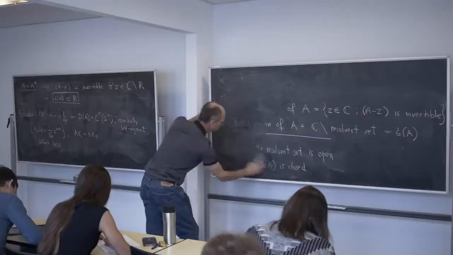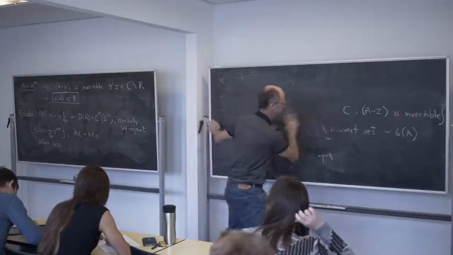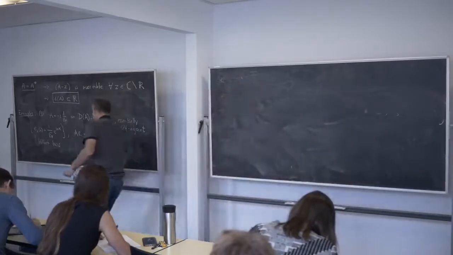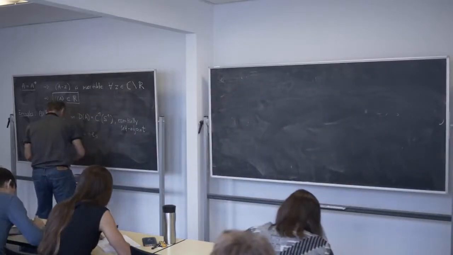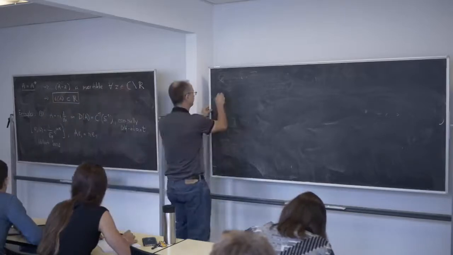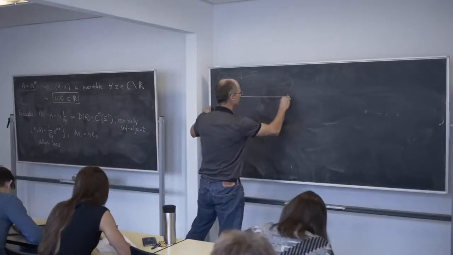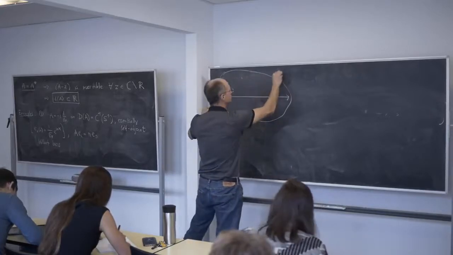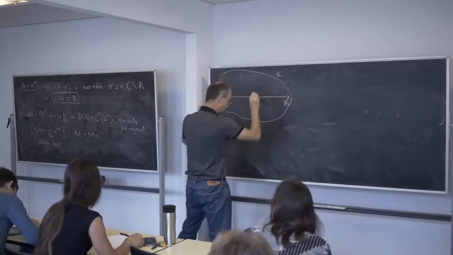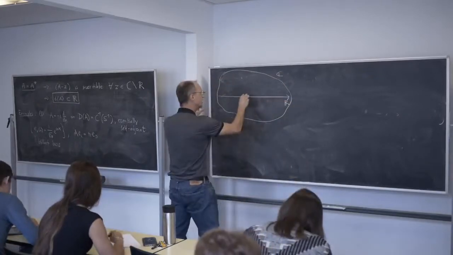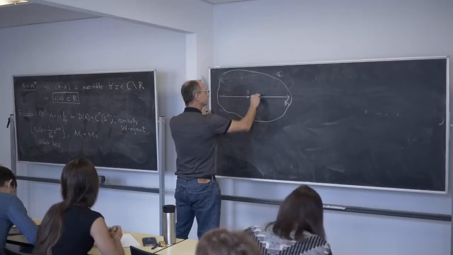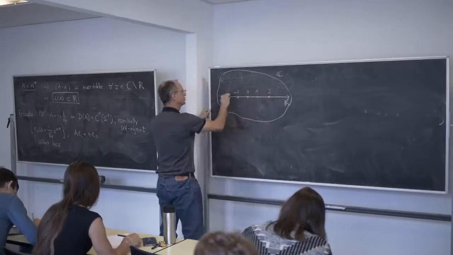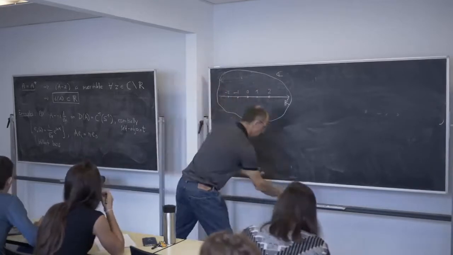So let me make a drawing, and we'll do the construction which we'll later generalize. Let's say that's our complex plane. That's the real line. And on the real line, let's mark integer points, right?